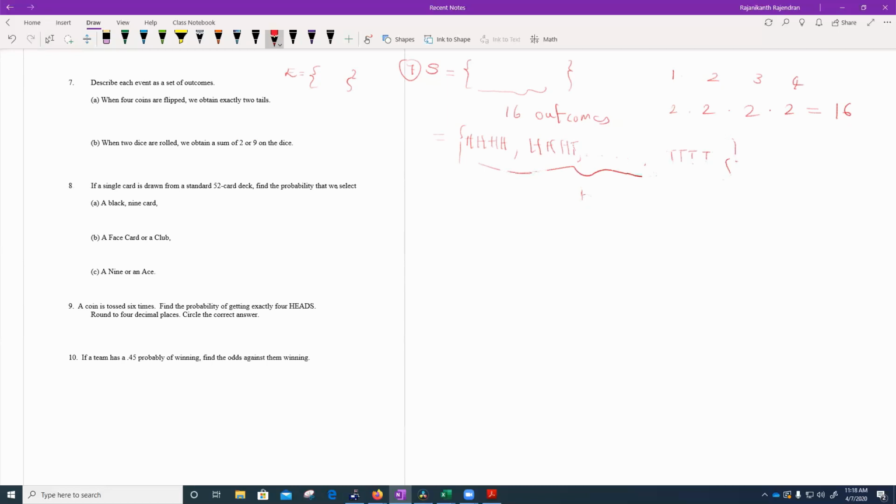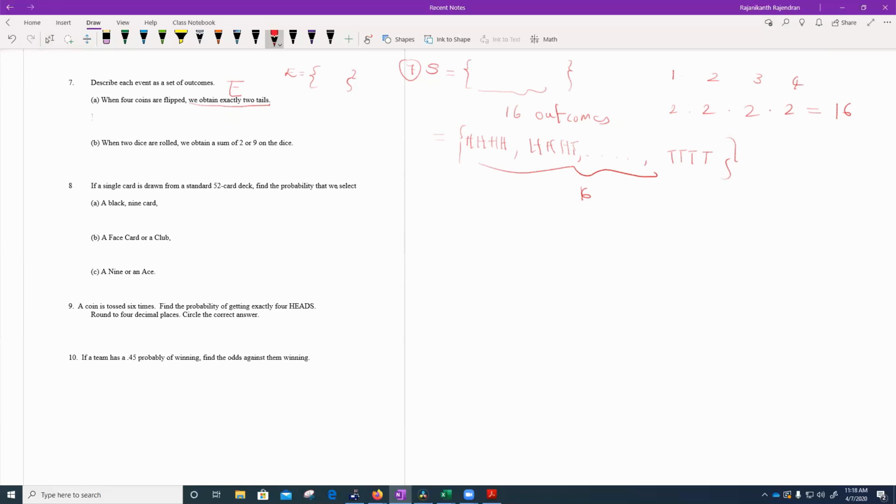Among those 16, what is my event? This is your event E. That is, you have to have exactly 2 tails. Among all these possible outcomes, we have to have 2 T's and 2 H's, right? What are those?